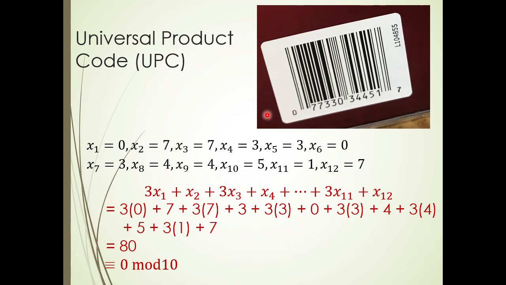Notice that if you scan this product and suppose that this number 4 was read as a 9, the check digit condition will not be satisfied. And therefore, the computer knows that 9 is not the correct digit, and it will be corrected automatically into 4.